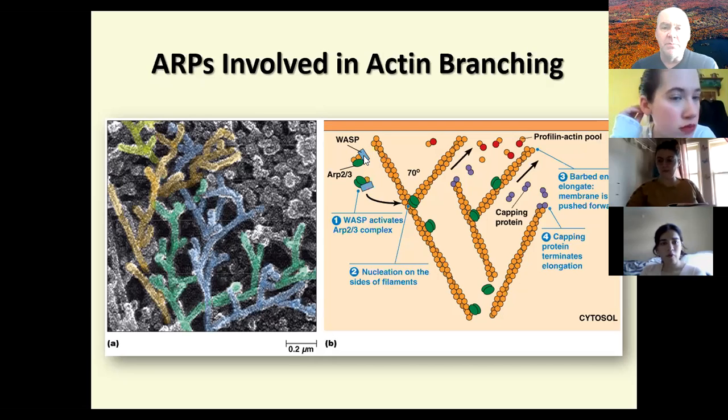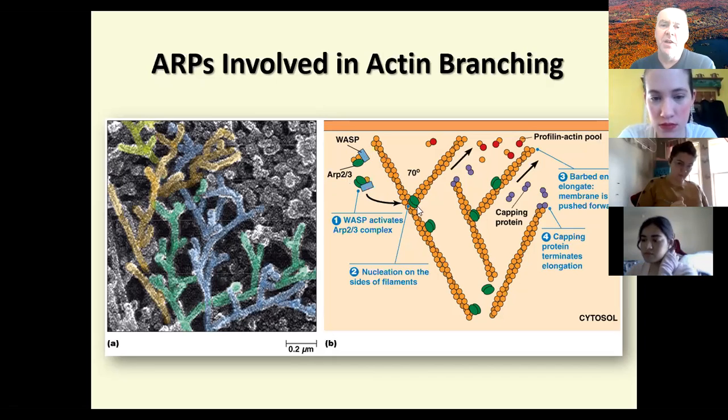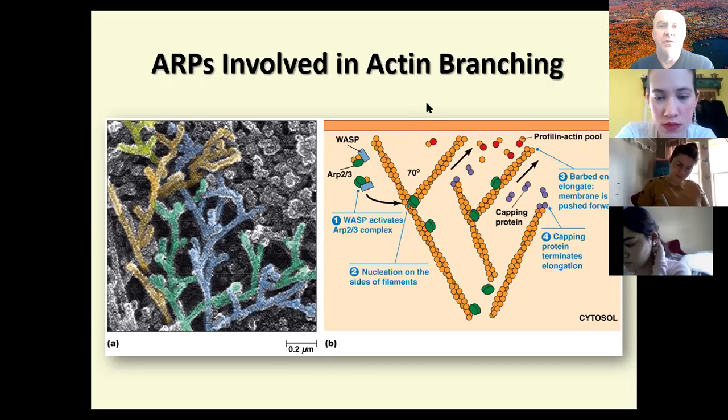What happens is WASP, when it gets activated, will grab an ARP2/3, drag it over and drop it down in the middle of a microfilament, and that provides a nucleation point. The WASP will go off and find another ARP2/3, but once that nucleation point is there, boom, you can start polymerizing away from it. And profilin is part of what brings those monomers in to do that. Here's your capping protein, CapZ, so that's what we'll talk about next.